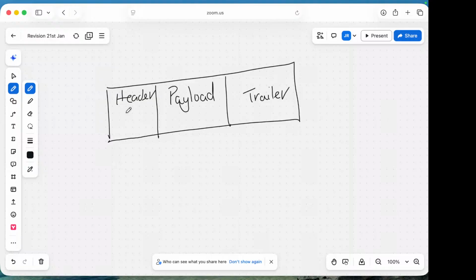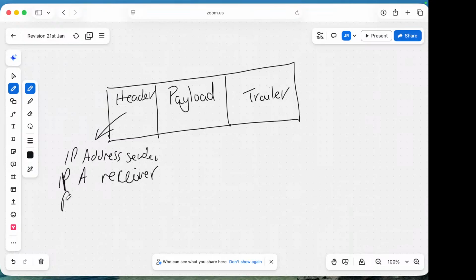And in our header, we've got things like the IP address of the sender. We've got the IP address of the receiver. We've also got the packet number. There's something else and I can't remember what it is.